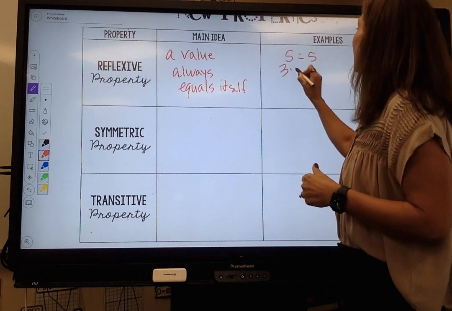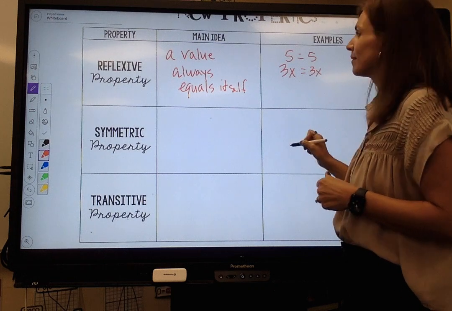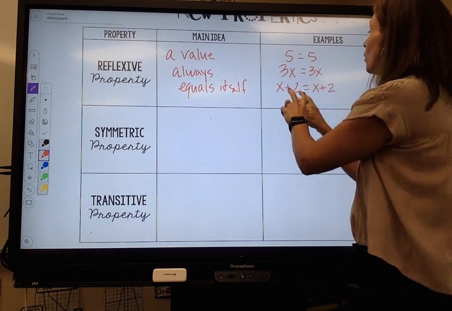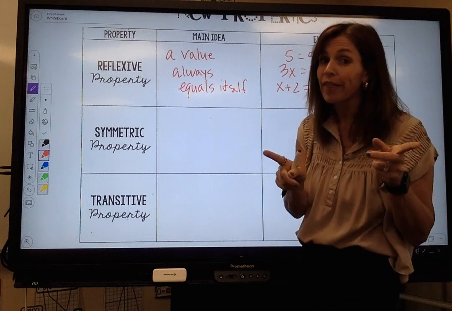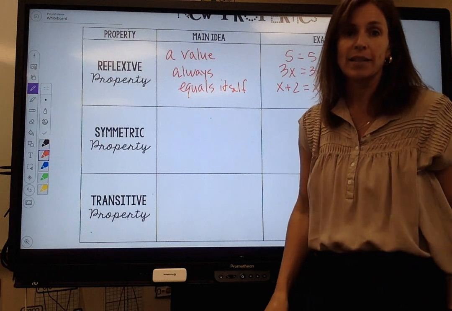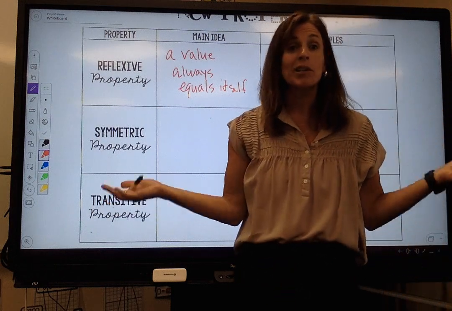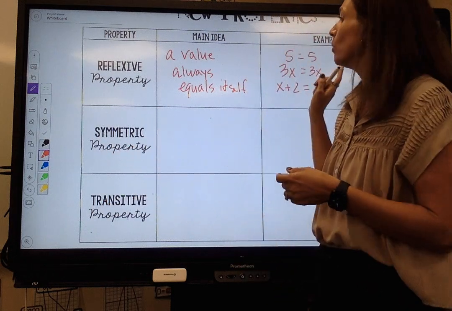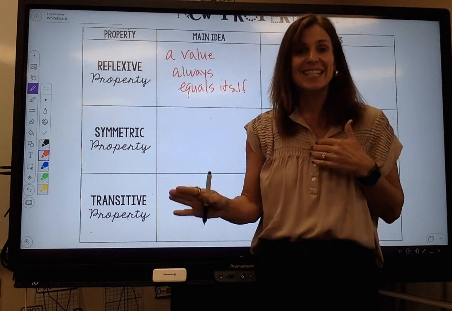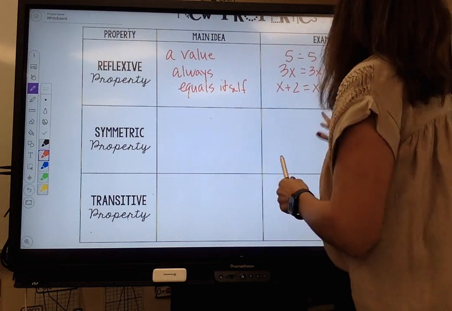It is 3x equals 3x. It is x plus 2 equals x plus 2. Notice I'm not changing the order. That would be commutative. It is exactly the same on both sides. Why we learn it in algebra and not geometry? I don't know. But you will use this a lot in geometry. So just reflexive property, exact same thing on both sides.